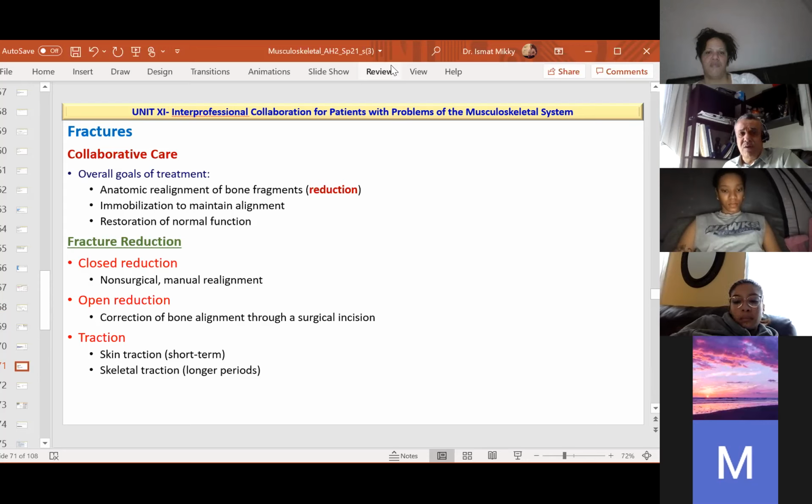Traction is another way of doing reduction. Sometimes you cannot reduce the bone manually, or it's not recommended to do it surgically. So we apply a modality called traction. We apply weights and a rope attached to the patient's extremity, with the weight hanging from the rope.